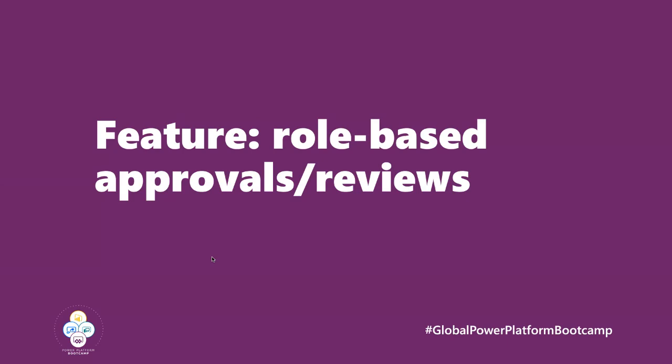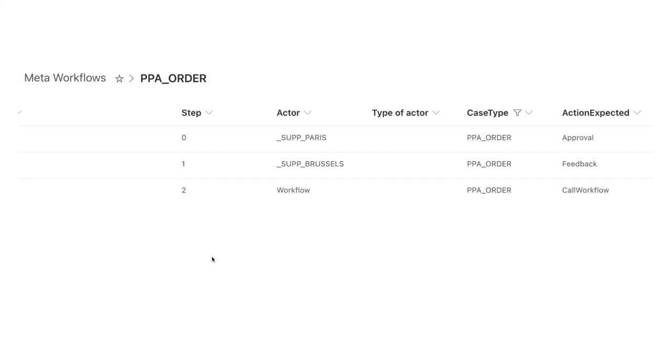Role-based approval and review. What is this? With Power Automate, if you want to ask people to approve, it's based on people, not on groups. Sometimes you need to ask a team of people, a team of HR officers, a team of HR legal, a team of HR finance to approve, right? So with BPM Toolkit you can create actors.